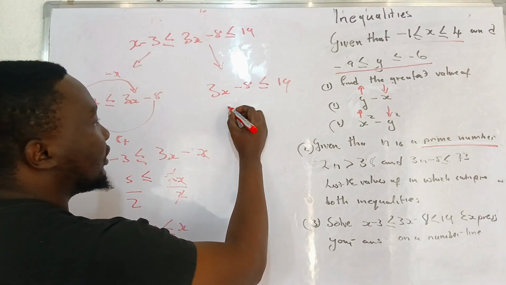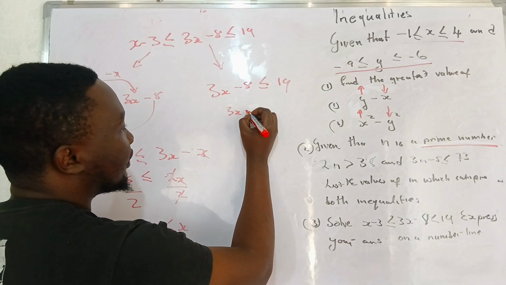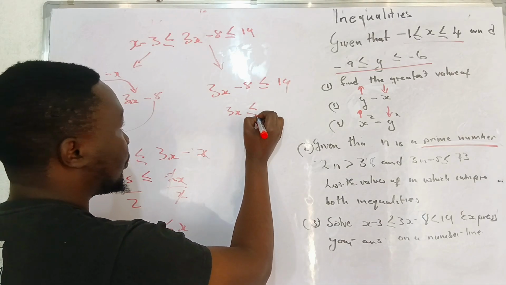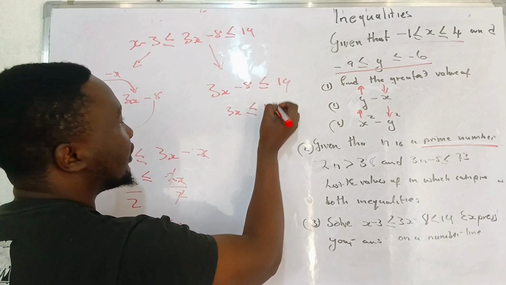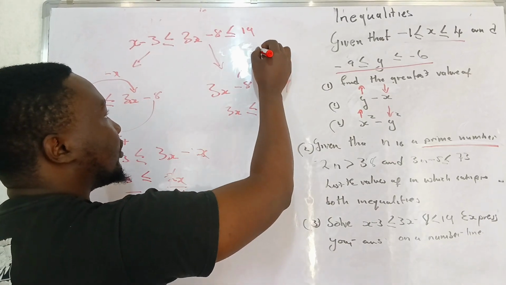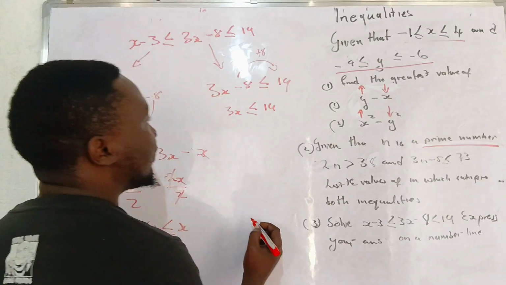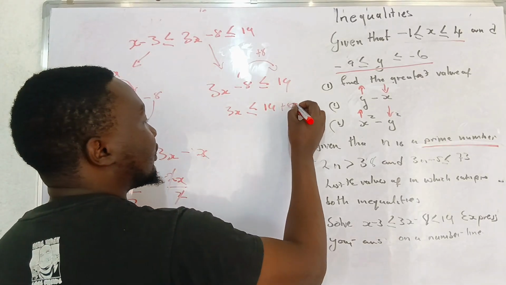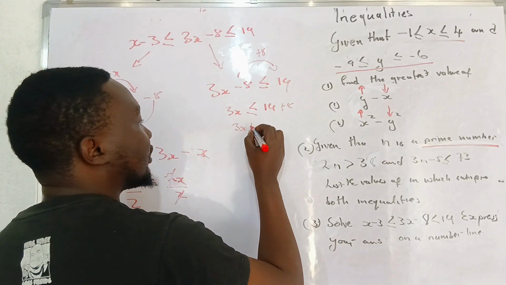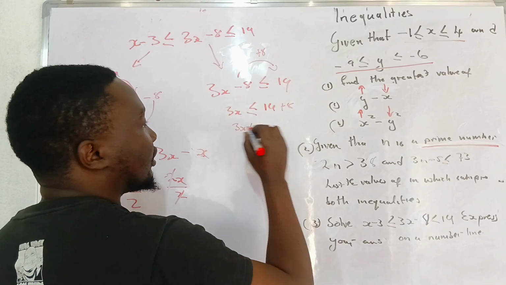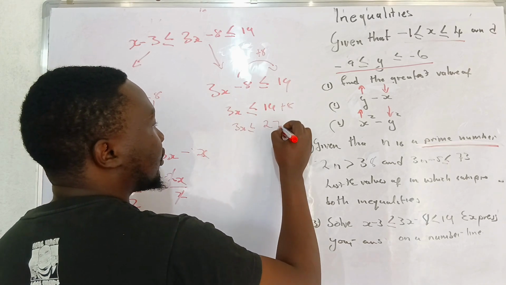Let's solve this one. 3x minus 8 is less than or equal to 19. Our 8 travels here and becomes positive 8. 19 plus 8 is 27, so 3x is less than or equal to 27.